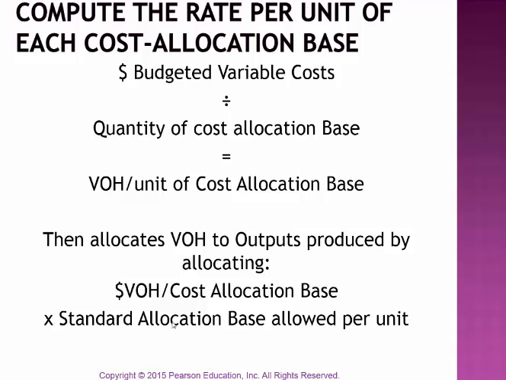We are expecting so much per unit. All right, so we're going to be using that standard in our calculation. And then multiplying it times the actual units produced. And again, this result that we calculate here is what is going to go in the flexible budget column for our variable overhead cost.